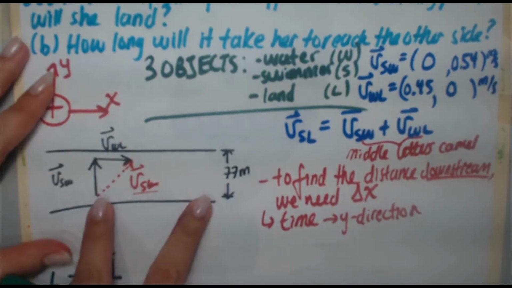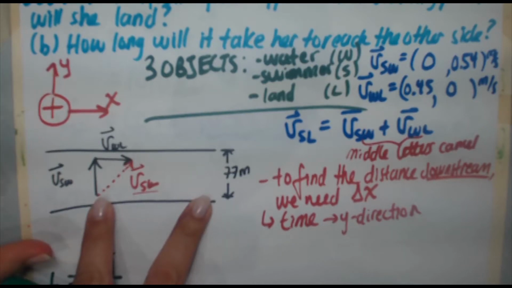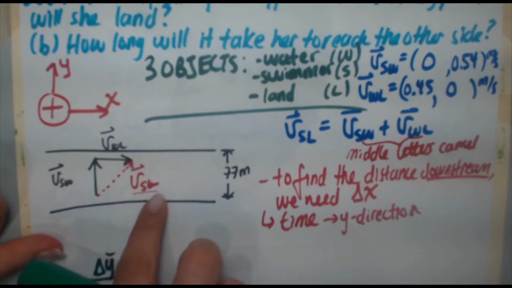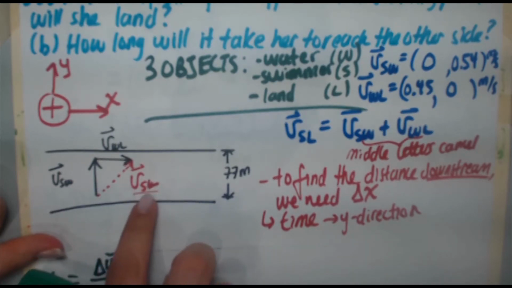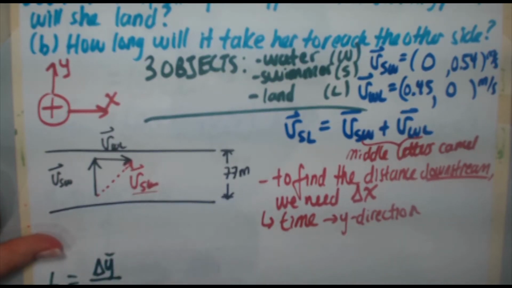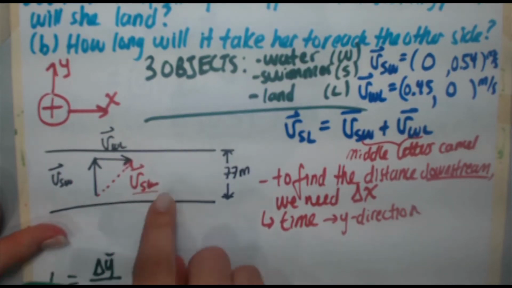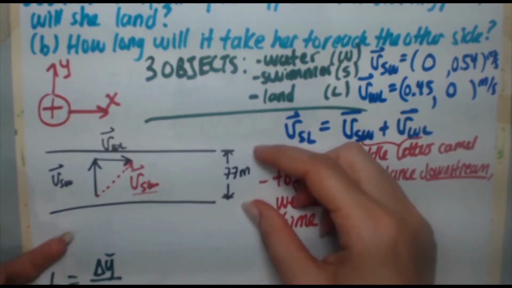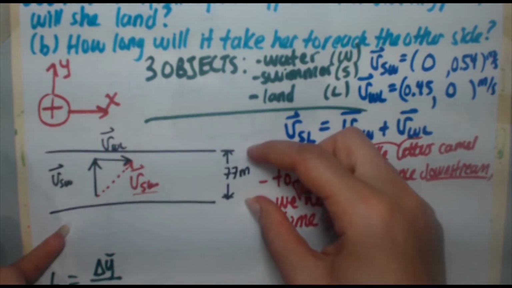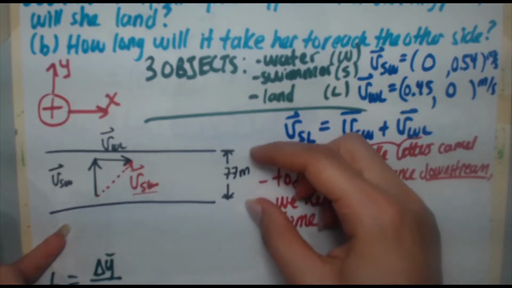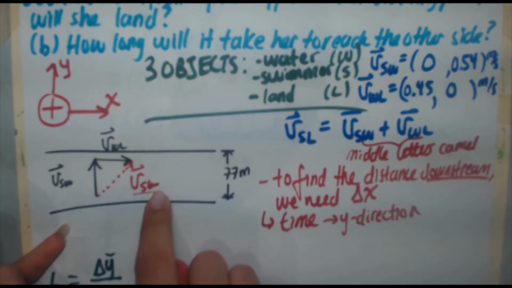It's going to take a certain amount of time, and that time is given by the speed of the x component of this resultant. The y component of this resultant is going to take the same amount of time, right? Because x and y components always take the same time because they're relative to the same velocity. But we know that the y distance it's actually completing is 77 meters. So we know the y distance, we know the y component of VSL, we can find time and then use that for the x.